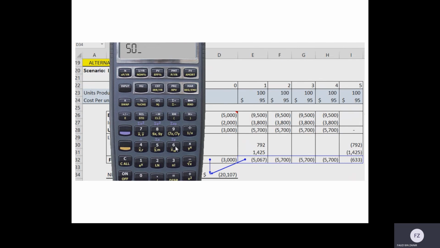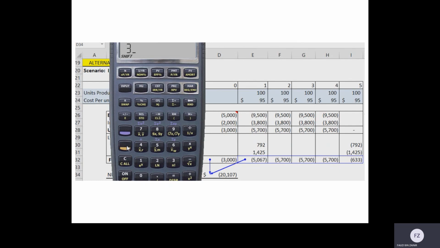For year 2 it is minus 5700, then you have CFJ, and then you get the same figure appearing another 2 times, so we put 3 times here, which includes year 2 also.